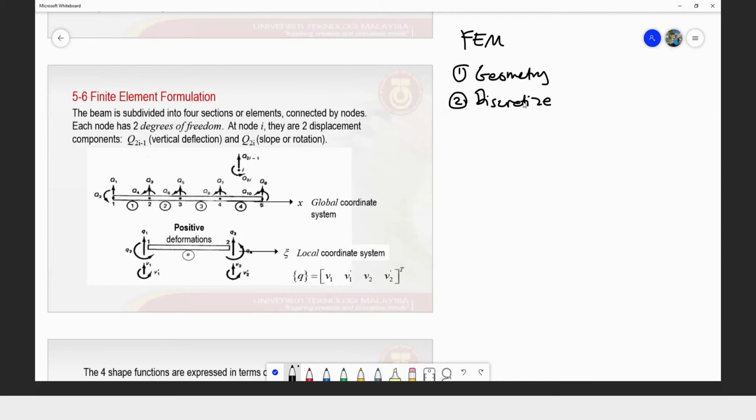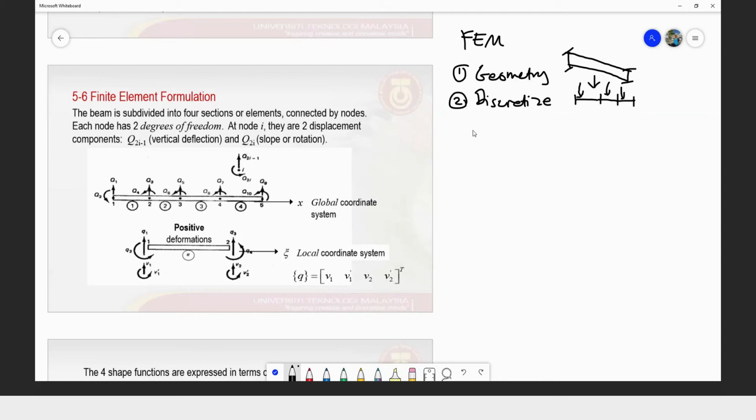Kalau masih ingat lagi, kita kena discretizekan dia kepada elemen yang lebih kecil kan. Yang physical geometry ni mungkin kita ada beam yang bentuk dia I-beam ni kan. Tapi kita boleh modelkan dia dengan menggunakan finite elements seperti yang ditunjukkan dekat bawah ni. Tapi the information of the cross-sectional area, the information of the moment of inertia, kita transfer kepada setiap elemen tu.